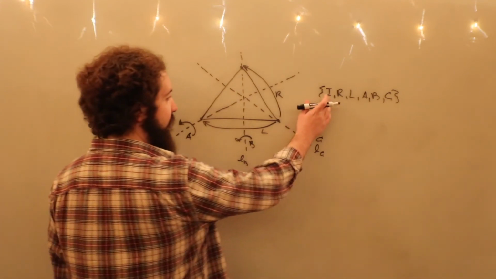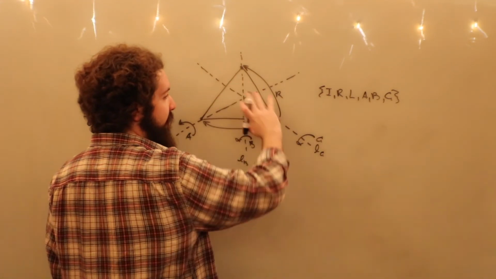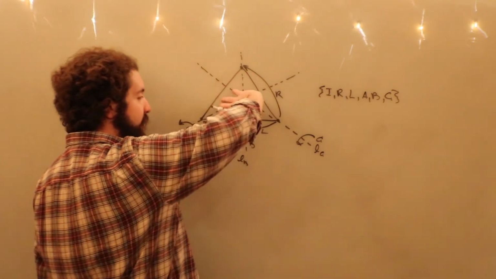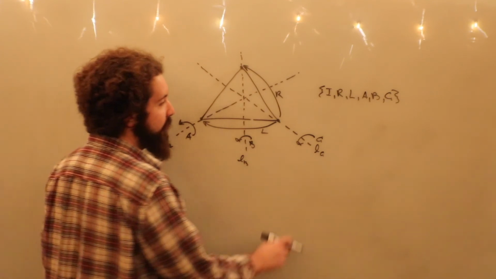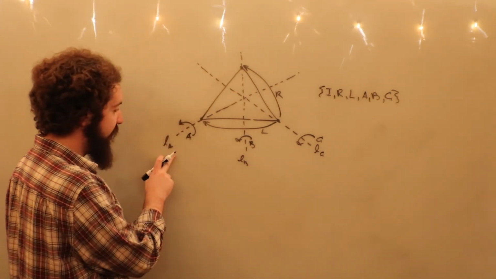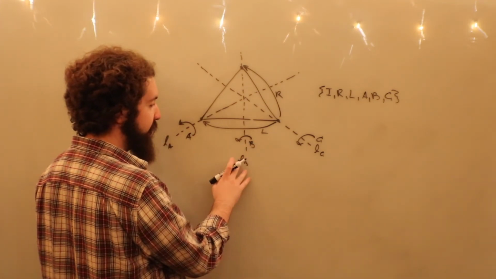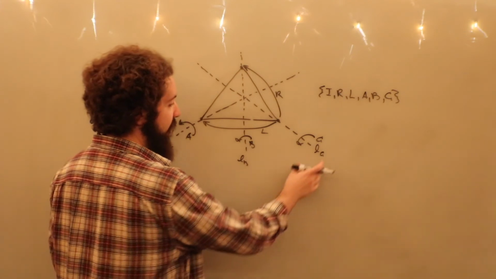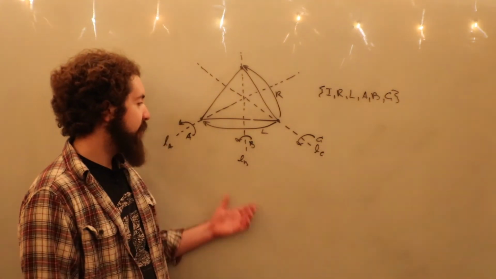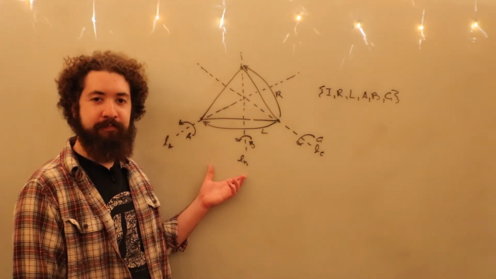So we have the identity transformation, we have a rotation in this direction once, we have a rotation the other direction once, notice that that's the same as rotating twice in this direction, and then we have 3 reflections, right? Reflection across line A, which I'm calling just A, B, which is just a reflection across line B, and C, which is just a reflection across line C. So this is D3 as a group of symmetries.